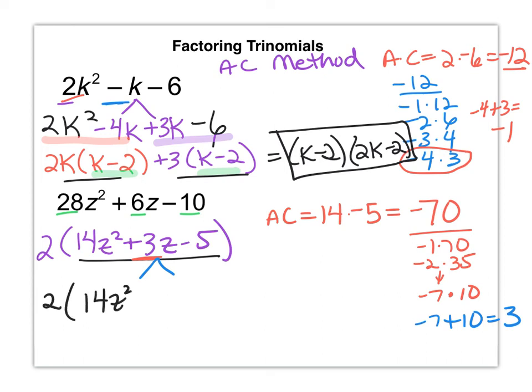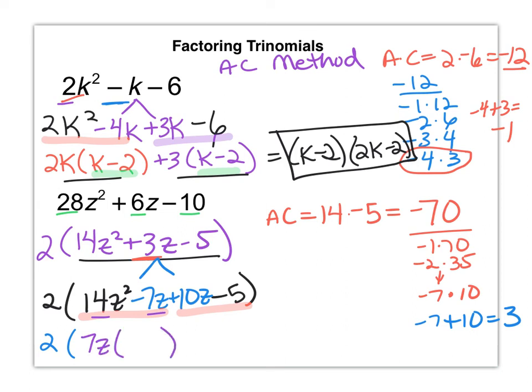14z squared, the first term we're going to keep it as 14z squared, the last term we keep it as minus 5. We split that middle term into a minus 7z and a plus 10z. Looking at the groups here, the first group has a common factor, the last group has a common factor. Let's work on factoring those out. Keeping that 2 out in front, the common factor that you can take out of both 14z squared and minus 7z is 7z.